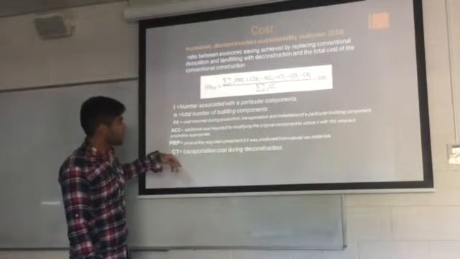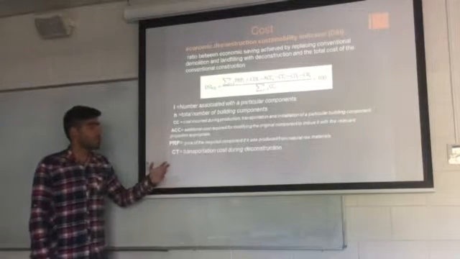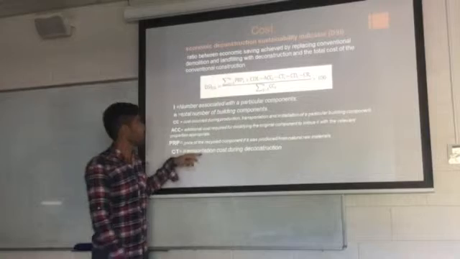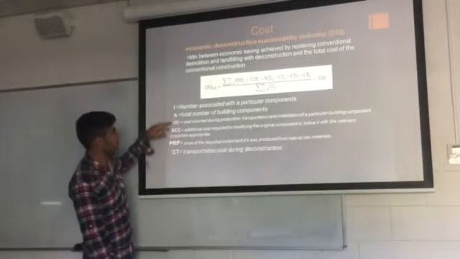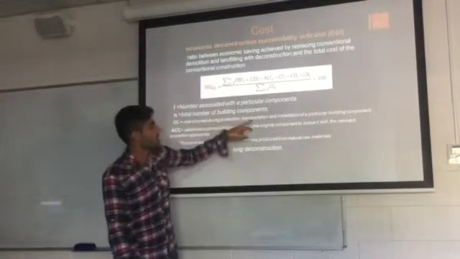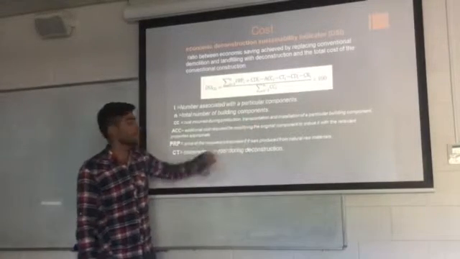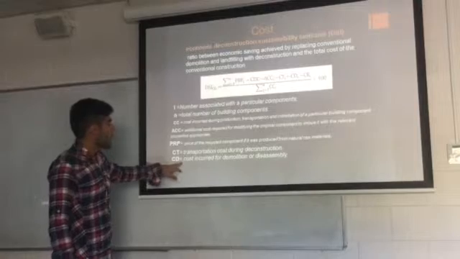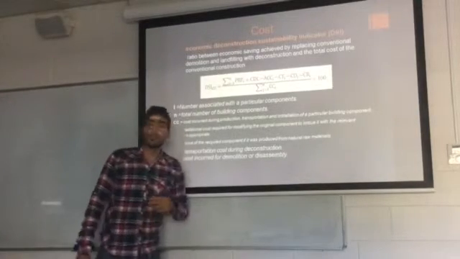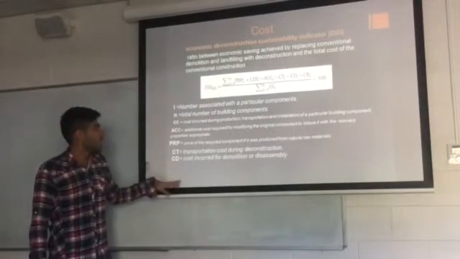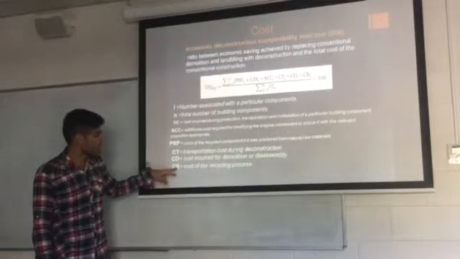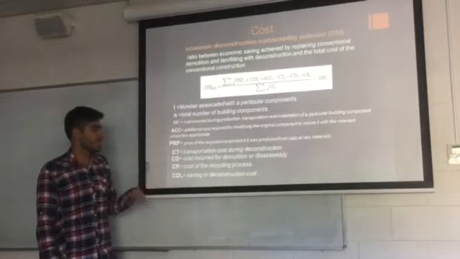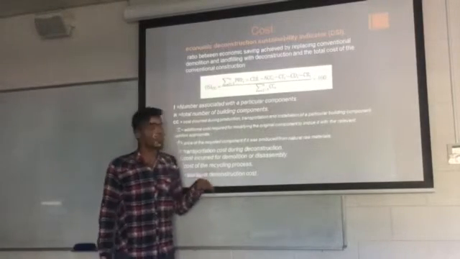And CT is the transporting cost during the construction. I think that this is one of the limitations of this formula, because we have a lot of transporting included in the CC. But anyway, another part is CD, cost incurred for demolition and disassembly, CR, cost of the recycling process, and CDL, saving in the construction cost.